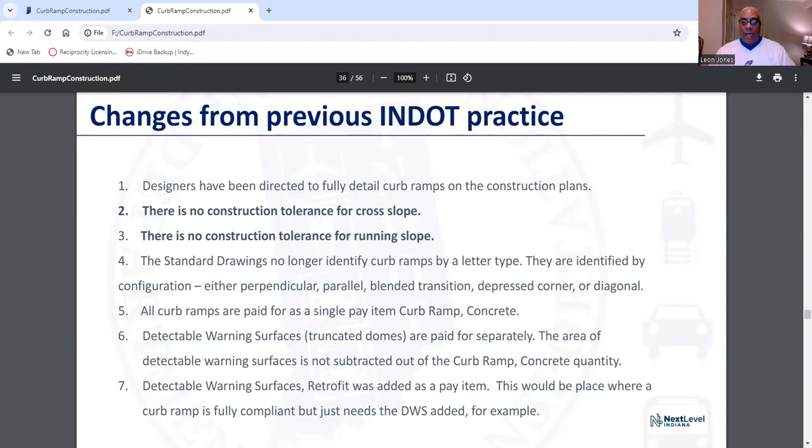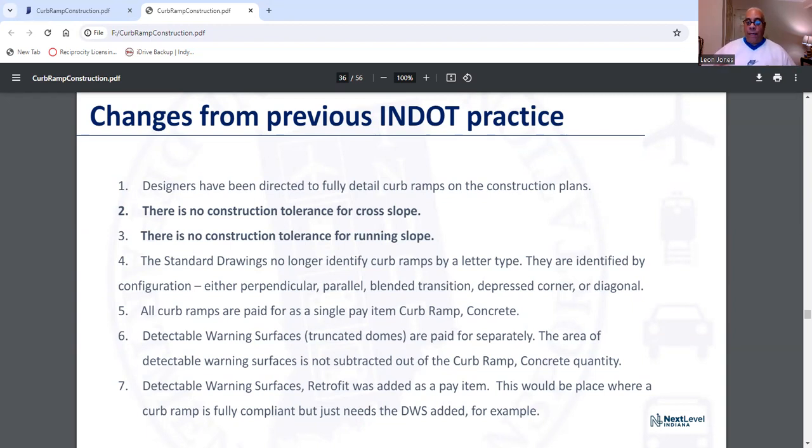Now, this is what I'm telling you right now. The area, so you understand about the concrete, the area of the detectable warning surfaces is not subtracted out of the curb ramp concrete quantity, just mentioned that. Detectable warning surfaces retrofit was added as a pay item.